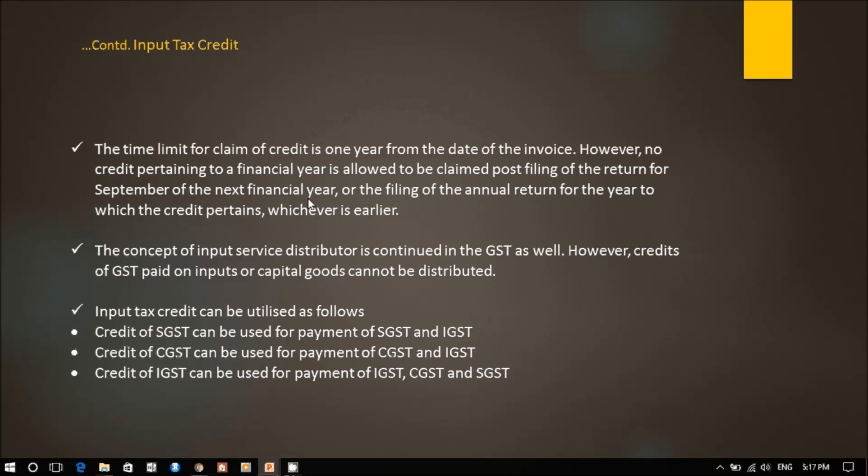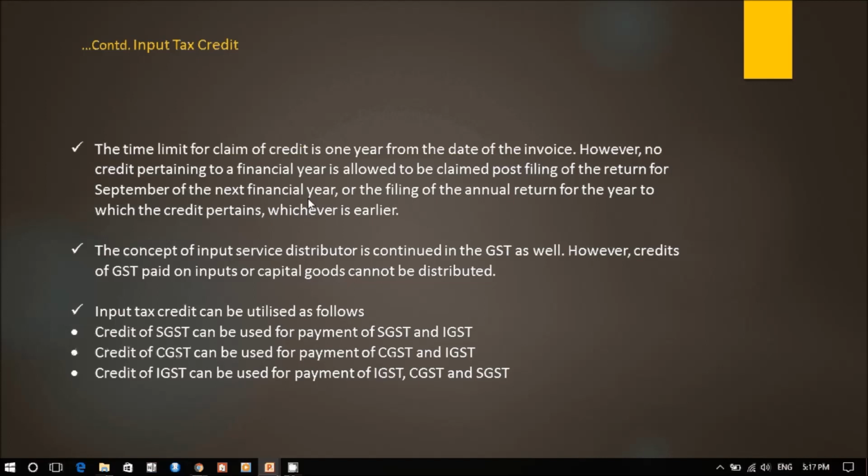So if you have the invoice dated 25th March 2016, and you have not claimed the credit up to filing of the September month 2017. Let's assume that he has filed the return of September month by October 2017 and the date is 20th October.